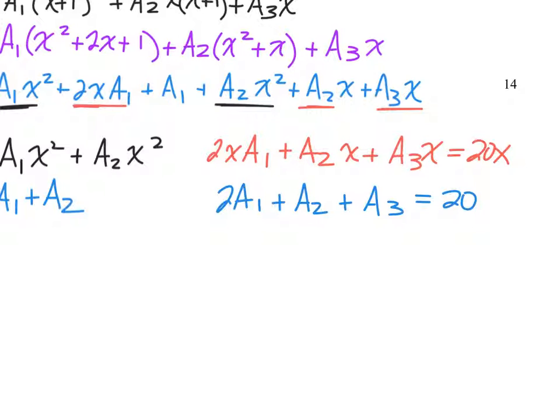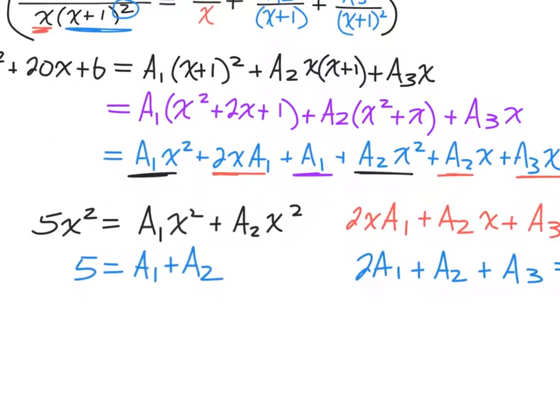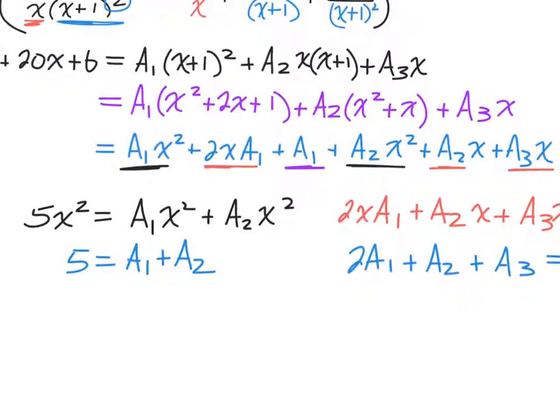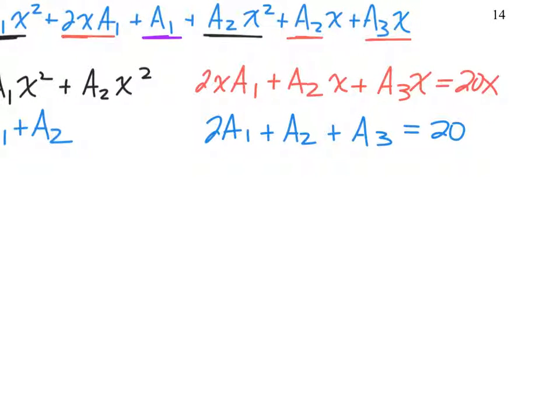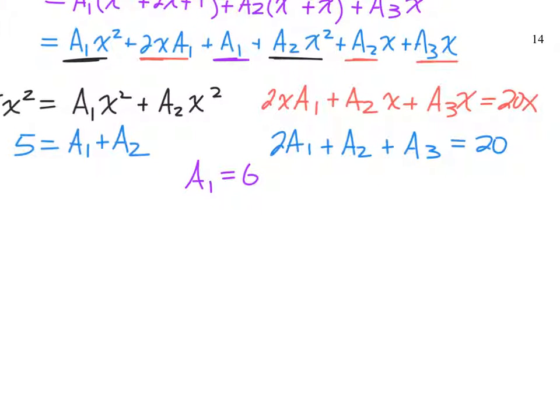The good news in this problem is that you have a lone constant, a sub 1. That has to be equal to whatever the constant is in my quadratic. So a sub 1 has to be equal to 6. You don't need any fancy techniques here because I have a relation between a sub 1 and a sub 2 and 5.